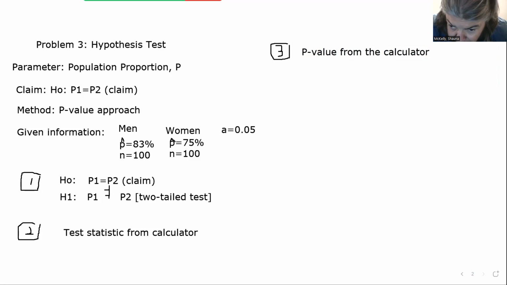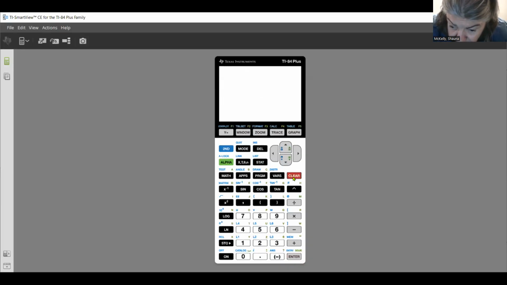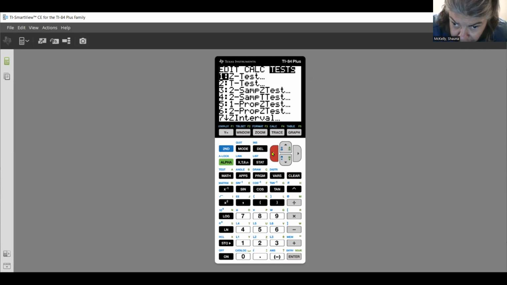Now, to get our calculator commands, we're going to go to stats. We're going to go to tests, and we're going to look for something called a 2-prop z-test. 2-prop z-test means 2-proportion z hypothesis test. And that's what we want.